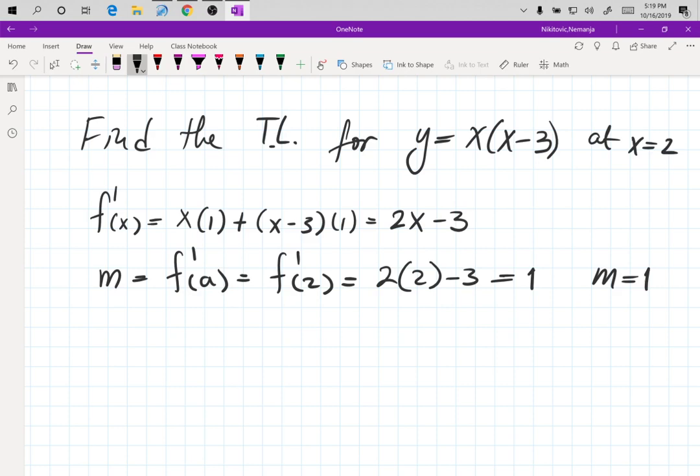So y is negative 2, slope is 1, x is 2, plus b that we are looking for. So negative 2 is equal to 2 plus b, and b is equal to negative 4. So the tangent line is y equals x minus 4. The slope is 1.